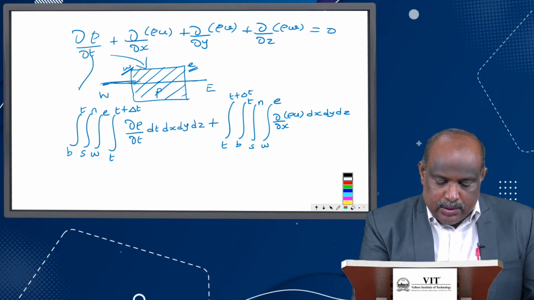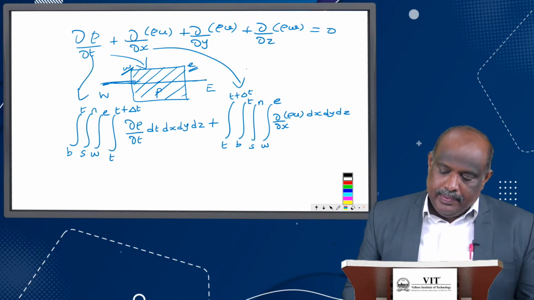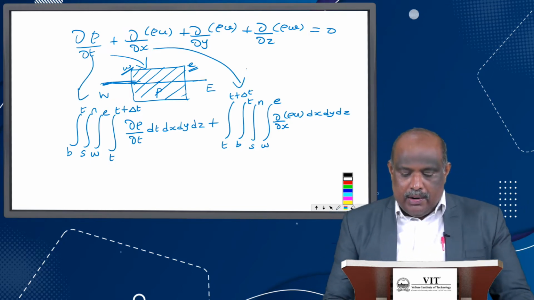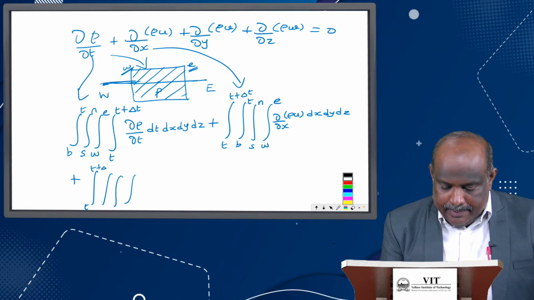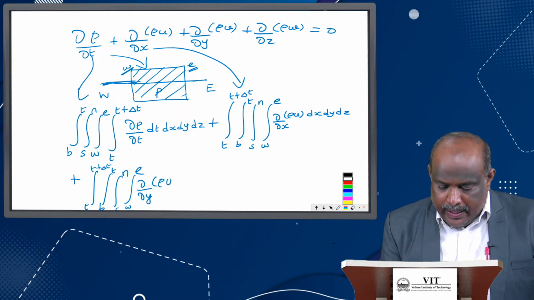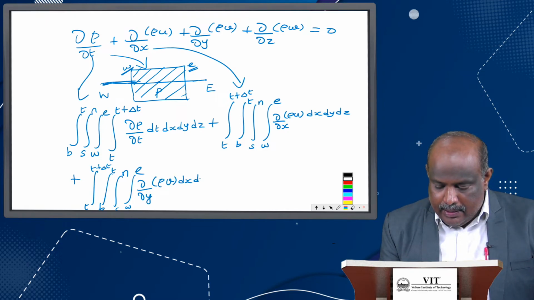So this is for this one and this is for this one, and we have to write for the next two terms. I will write it fast. So plus 4 integrals, it is t equal to t plus delta t, b to t, here it will be south to north, western face to eastern face, dou by dou y of rho v into dx, dy, dz and dt.